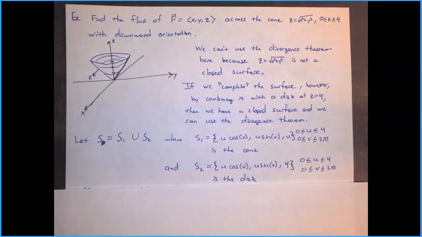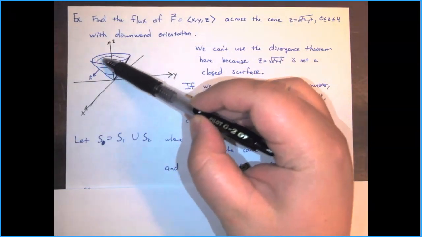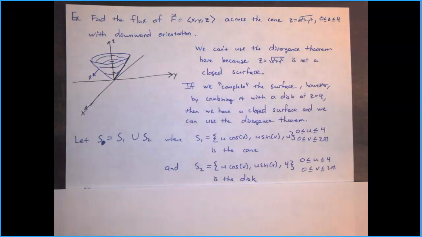And S2 is going to be the disk that's going to serve as the top of this cone to close it up. And the disk is just going to be u cosine v, u sine v, 4, because the z component of this disk is fixed. It's just flat. Okay, and we need to make sure that the normal vector for the disk points up so that we still have an outward orientation for our surface.